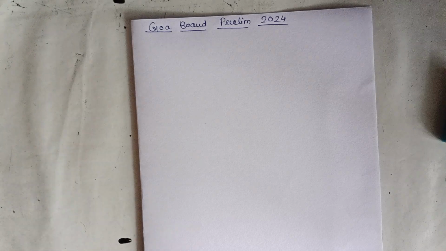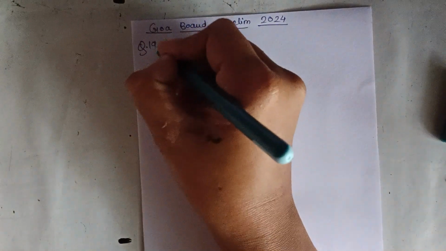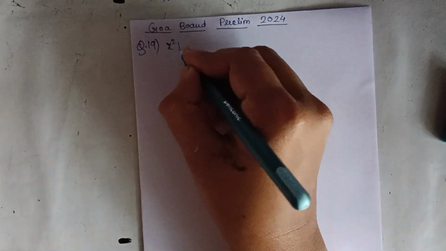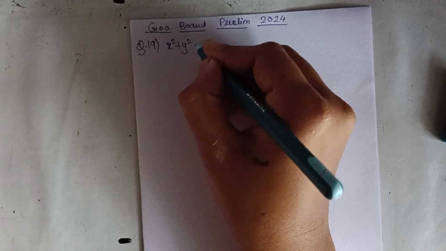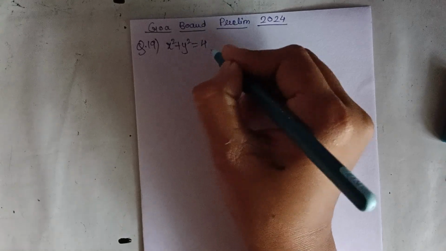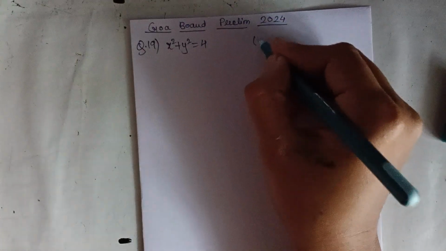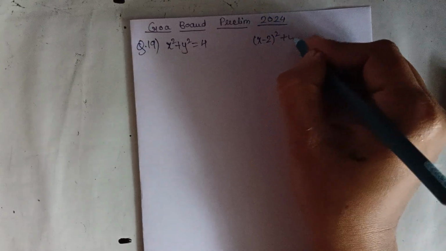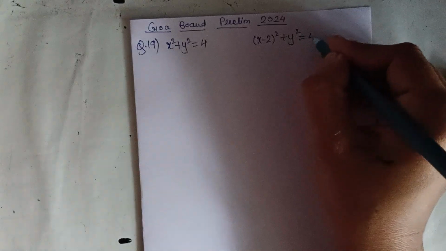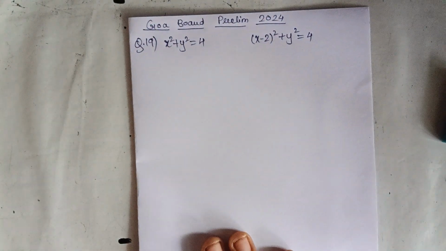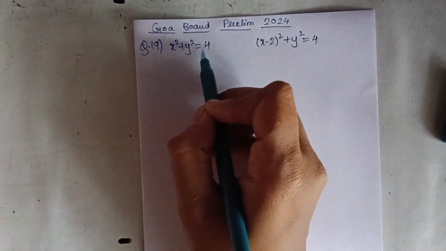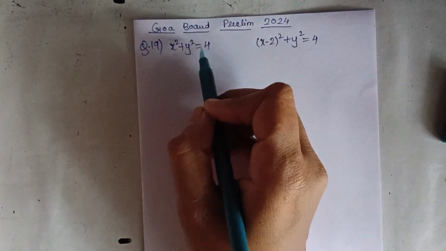So the question 19, two circles are given, x square plus y square equal to 4 and x minus 2 the whole square plus y square equal to 4. The equation of the circle is given by x square plus y square equal to r square, correct?